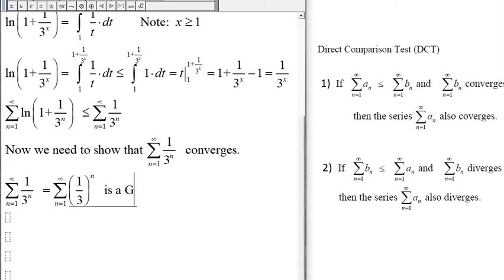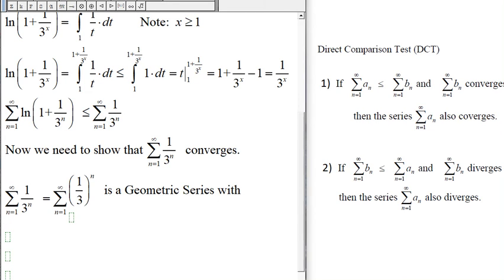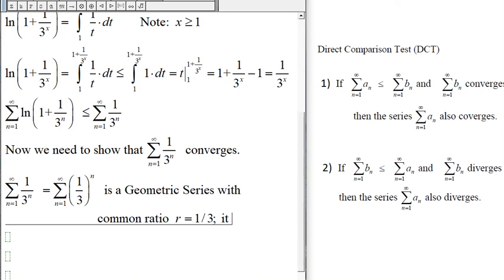And this is a geometric series with common ratio r equal to 1/3. And so it converges by the geometric series test.